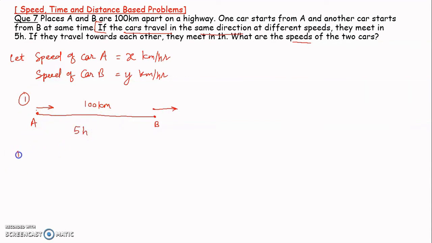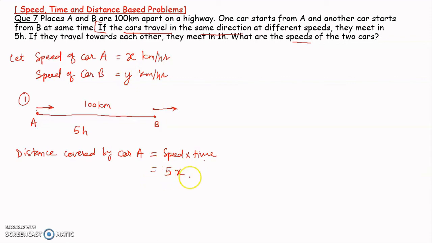So if you find out the distance covered by car A, to find the distance we can use the formula distance equal to speed multiplied by time. Here the speed of car A is x and the time is 5.